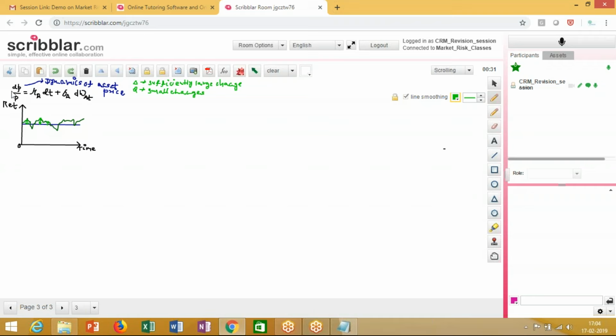Now the question is, why Wiener variable? What is this Wiener variable? What is this Wiener process? This is what we need to explore and understand over here. How do we create this Wiener process, or how is this variable defined actually?